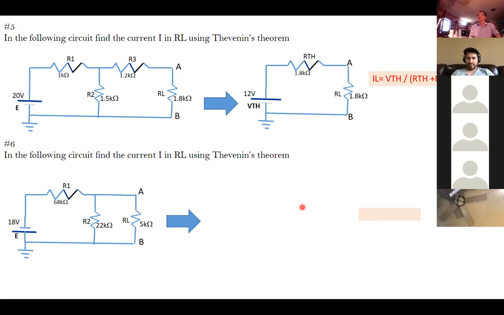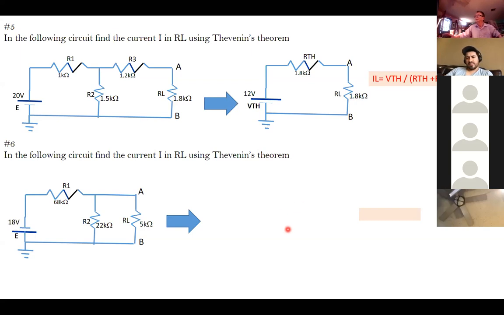Okay, if you have done number 5, now you do number 6 for me. The only difference is they are using a negative 18 volt. So we want V Thevenin and R Thevenin. Is V Thevenin negative 4.4?